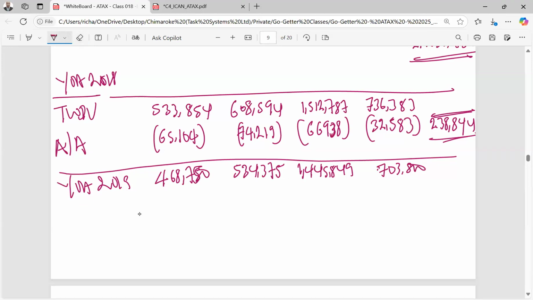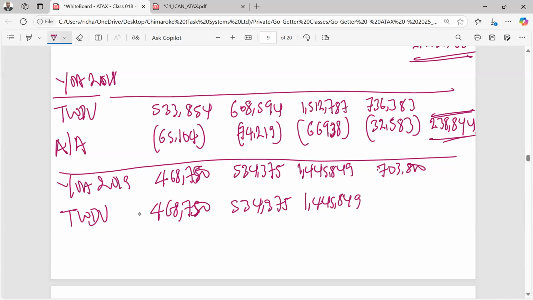So let me properly write it down here. Tax written down value is going to be 468,750. It's going to be 534,375. It's going to be 1,445,849. This is going to be 703,800. So with that, I can wipe this slate clean here. It's not supposed to be on top here, not to cause confusion.